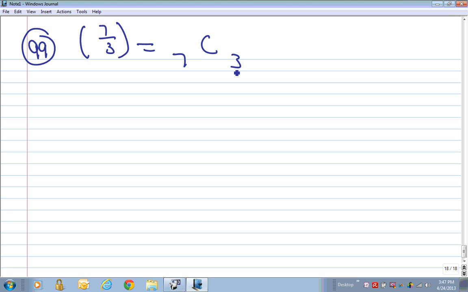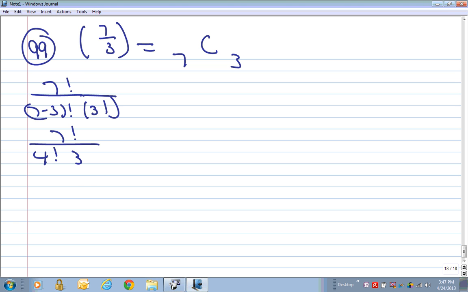Now, our answer, if we go through the binomial factorial, is 7 factorial over 7 minus 3 factorial times 3 factorial. Let's go ahead and do that. That would be 7 factorial over 4 factorial, 3 factorial. That would be 7 times 6 times 5 times 4 factorial over 4 factorial times 3 factorial.